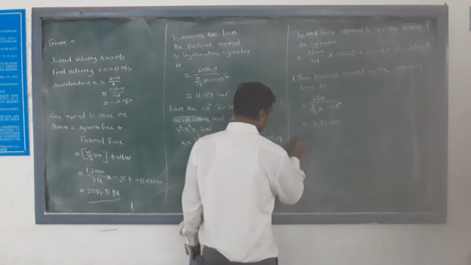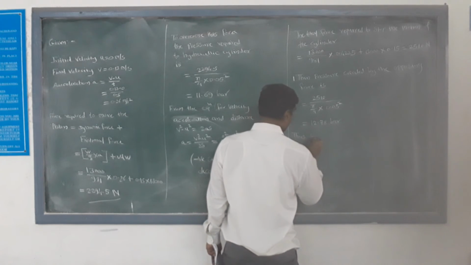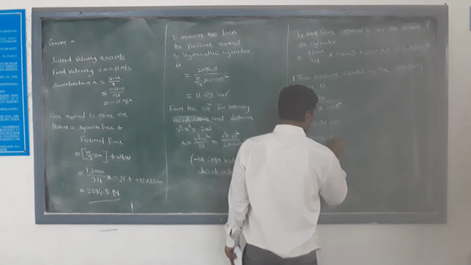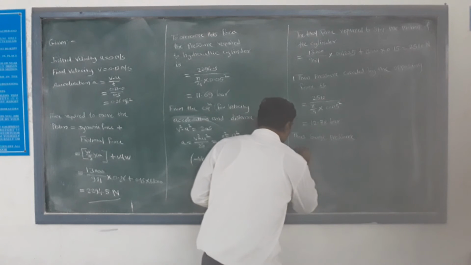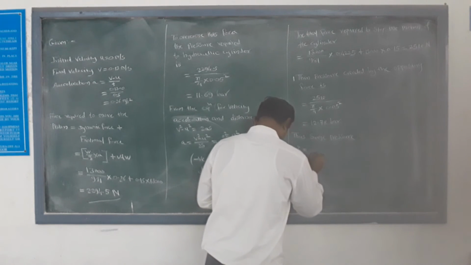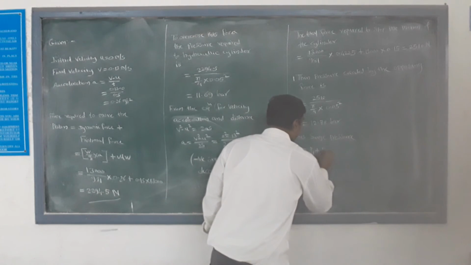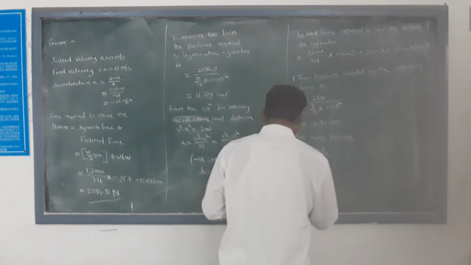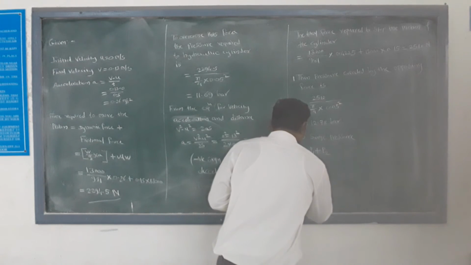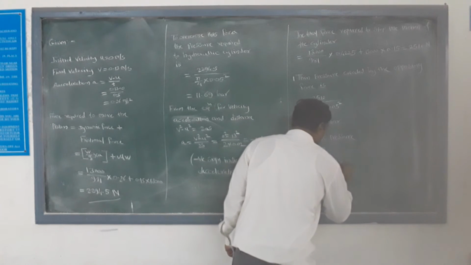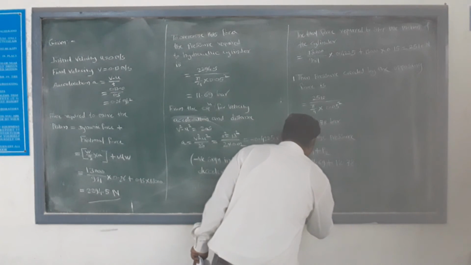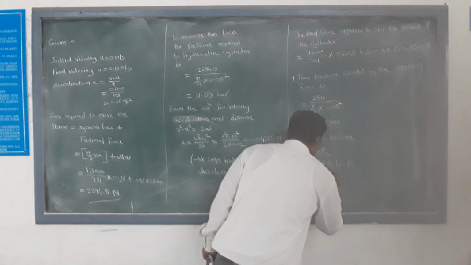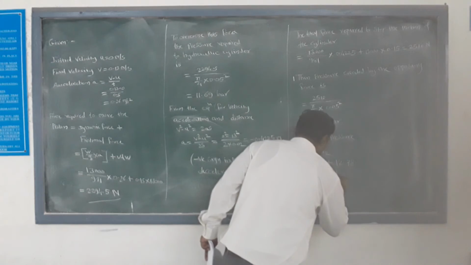The surge pressure Ps equal to P1 plus P2, equal to 11.69 plus 12.78, equal to 24.47 bar.